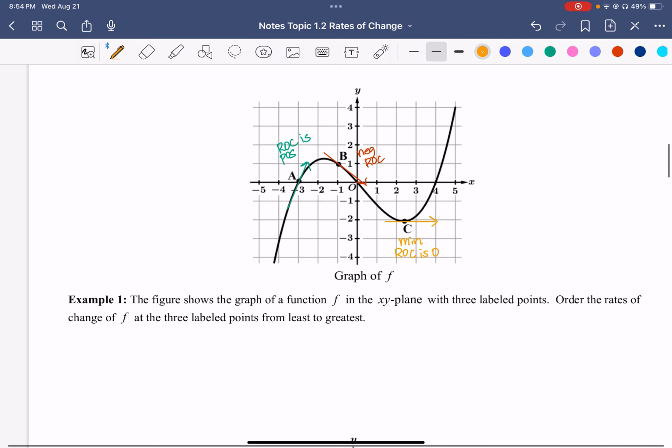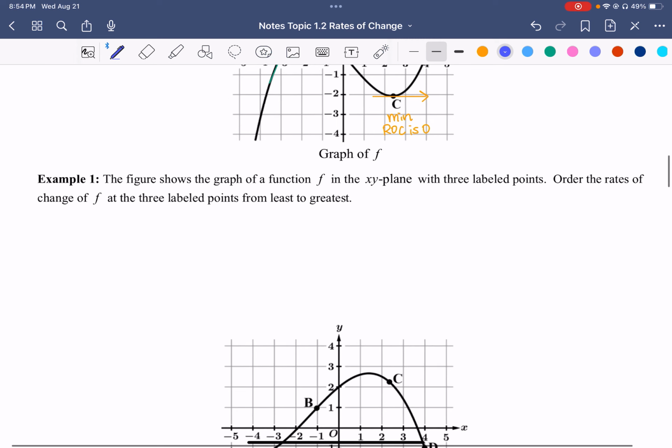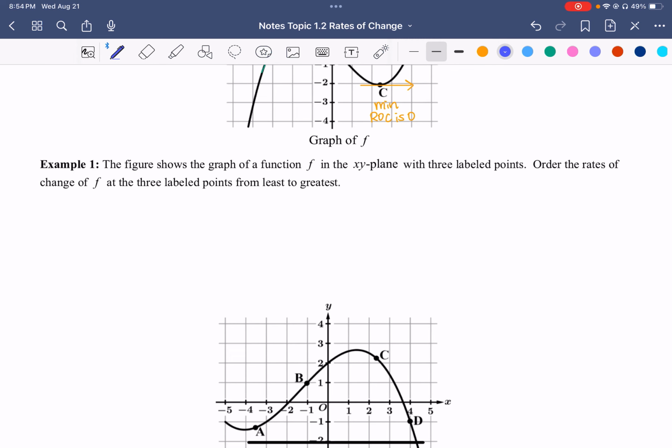Okay. So to answer the question, whenever you have a free response, remember that you have to repeat the question or kind of reword it in a way that it's going to make sense. So I see that it says order the rates of change of f.